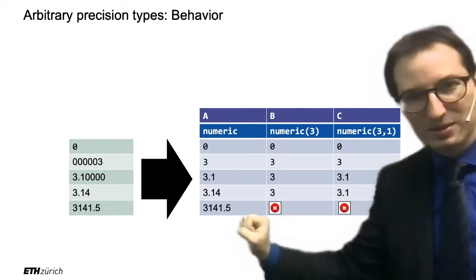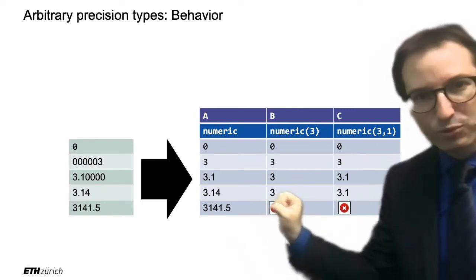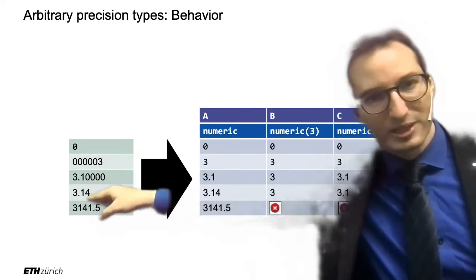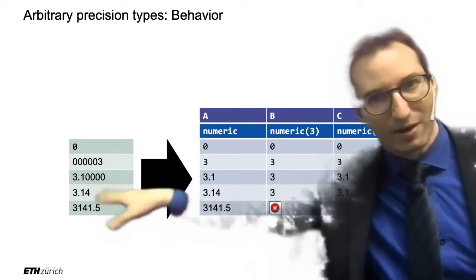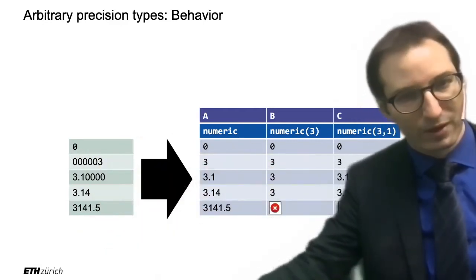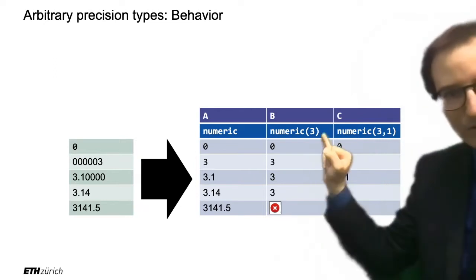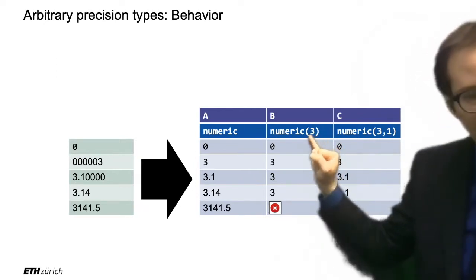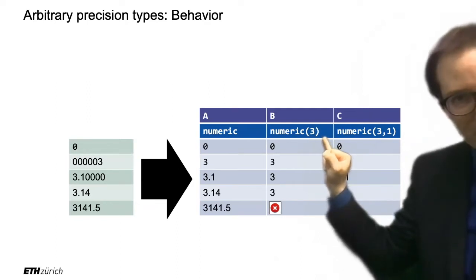So what that means is if you try to insert numbers here, then you can have more digits after the decimal period that are beyond what you accept after the decimal period. For example, here, 3, it's implicitly 0, right? So you have 3 significant digits before the decimal period and 0 after that.